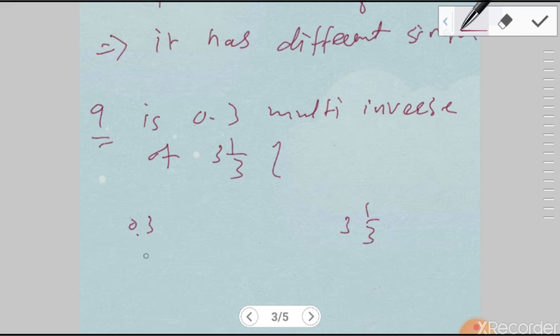If we remove the decimal, it becomes 3 upon 10, and here 3 threes are 9 and 1, 10 upon 3. So both have the same sign, and the denominator goes to the numerator and the numerator goes to the denominator. So we can say that it is in reciprocal form.